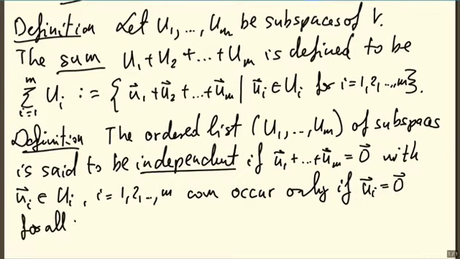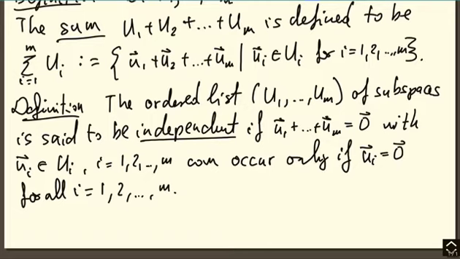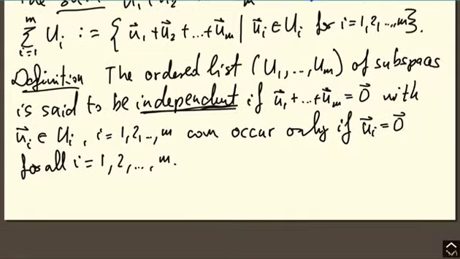So this is really similar to the undergraduate concept of independence of a list of vectors, but here instead of just vectors we have whole subspaces, and we define the independence of a list of subspaces.